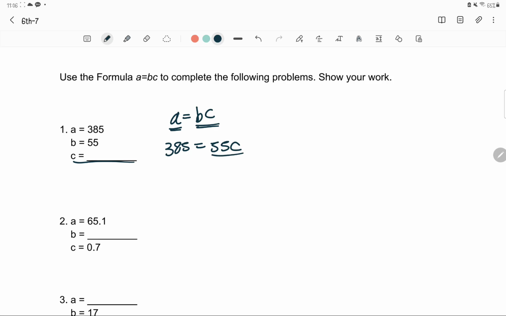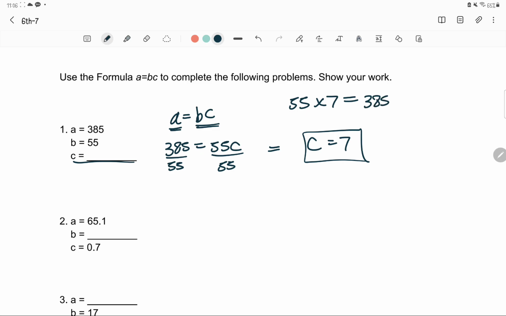In order to get C by itself, which is the variable in this case, just divide by 55 on both sides, and the result is 7. You can check by multiplying 55 times 7 and see if you get 385.